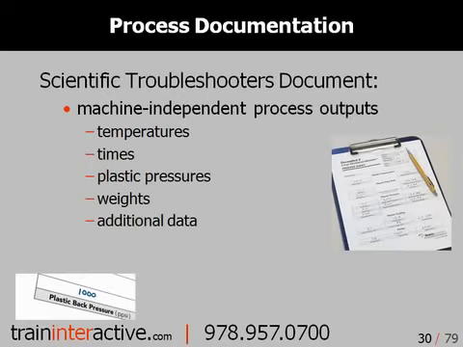A scientific troubleshooter will document machine-independent outputs, such as temperature, times, plastic pressures, weights, and any additional data that's relevant to the process. Please be sure that you take note of this important difference between a setup tech and a scientific troubleshooter. In the next few slides, I will give you some more examples of what you may want to take note of.